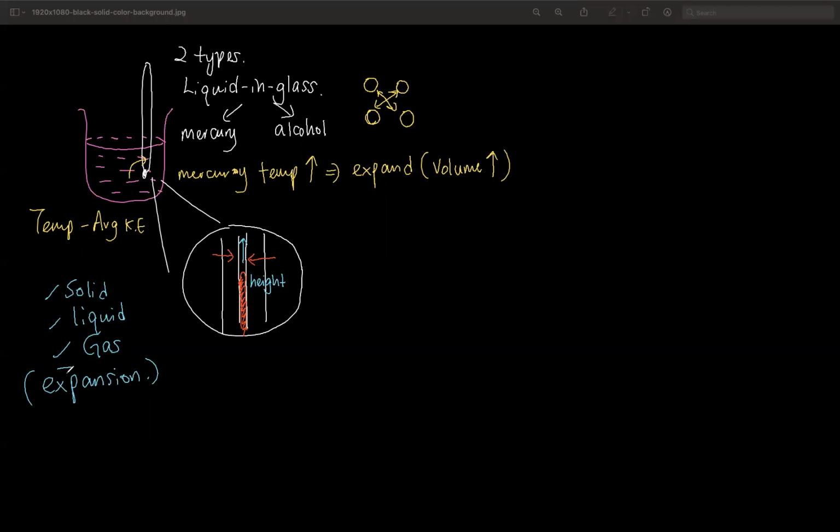Okay, thermal expansion. Now, the mercury expands, increases in height until they reach thermal equilibrium, and then you only take the reading, right? Then you take whatever the temperature of the substance is.